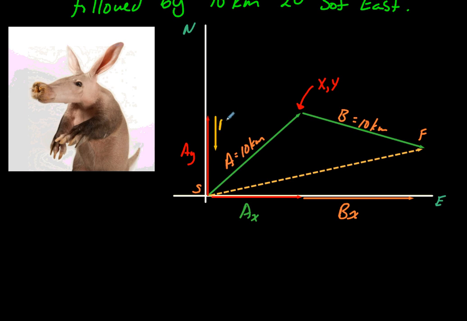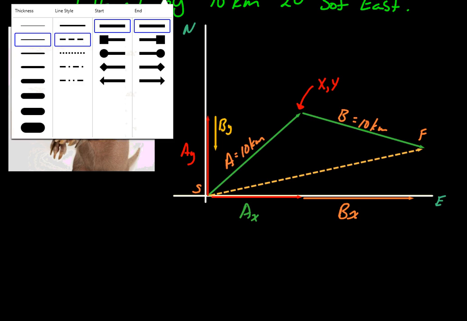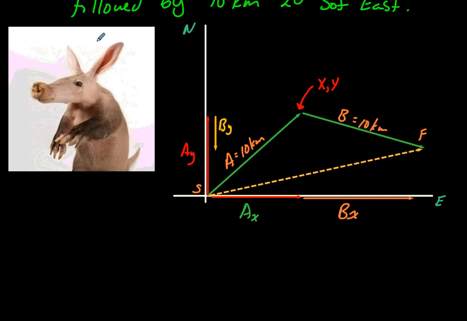And that's your B y. Once we're done that, we'll see that once we have those values, they're going to end up showing us exactly where that creature is.